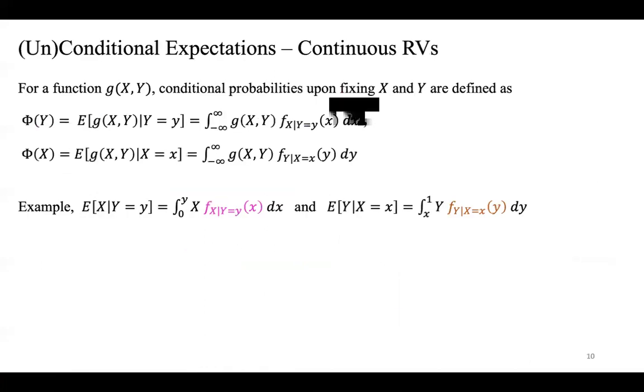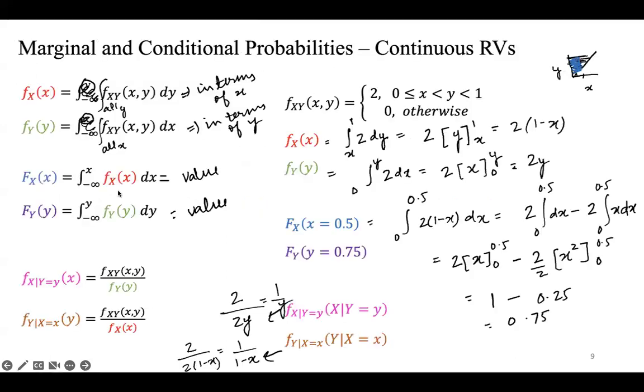Yes, ma'am. Okay, fine. So again, for continuous random variables also, we can calculate the expectations. I'll come to these two expressions in a minute, but before that, see this example. When you want to calculate the same thing, I'm writing it in the same way. The expression inside this expectation is written the same way as you write the conditional probability.